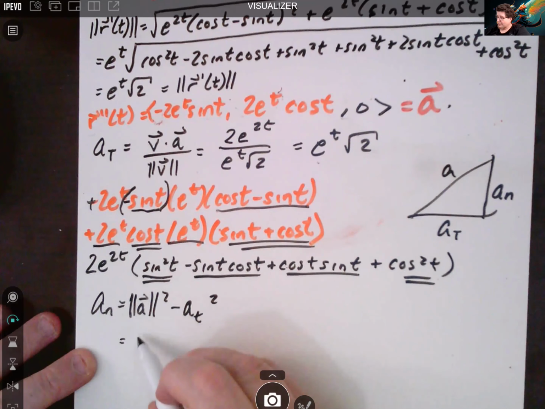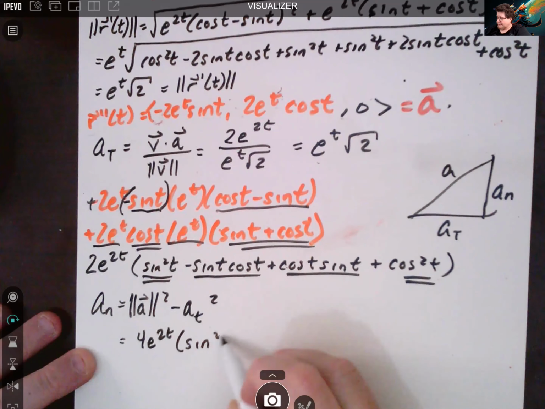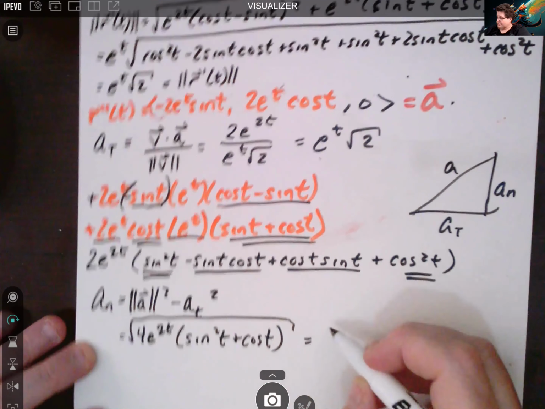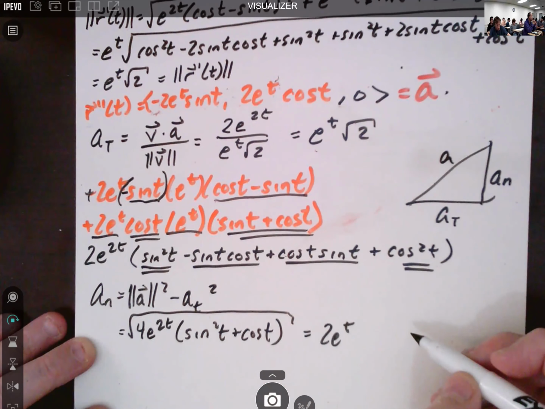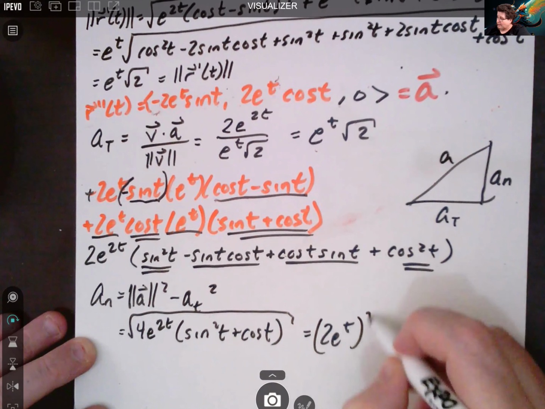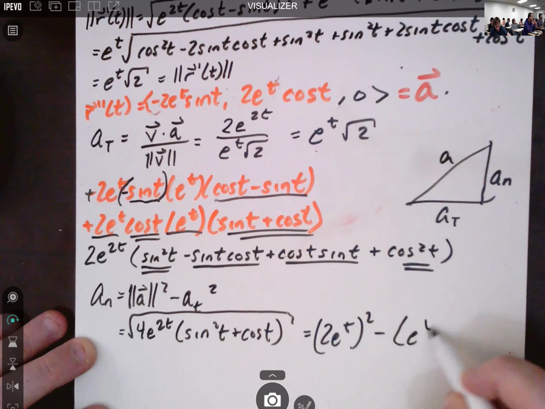So the magnitude of that squared is we've got 4e to the 2t times sine squared t plus cosine squared t in the radical. So the magnitude of A is just 2e to the t. And so we're squaring that. So that's squared minus AT squared, minus e to the t root 2 squared.